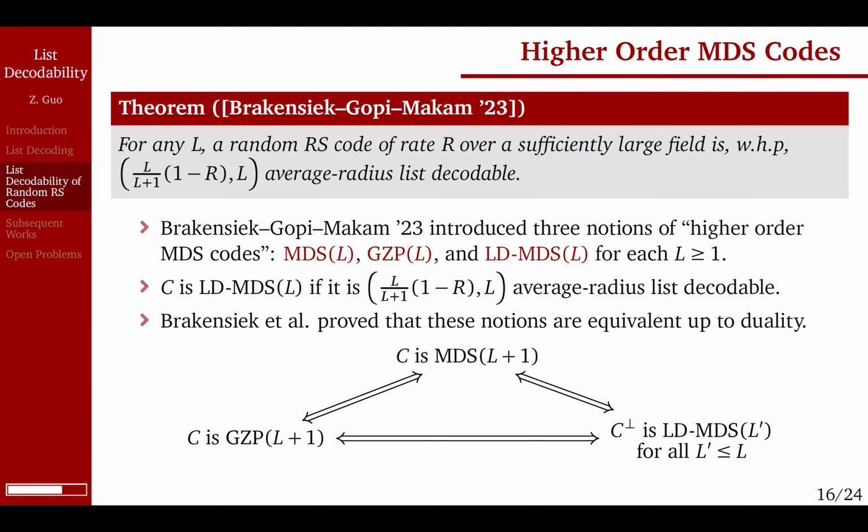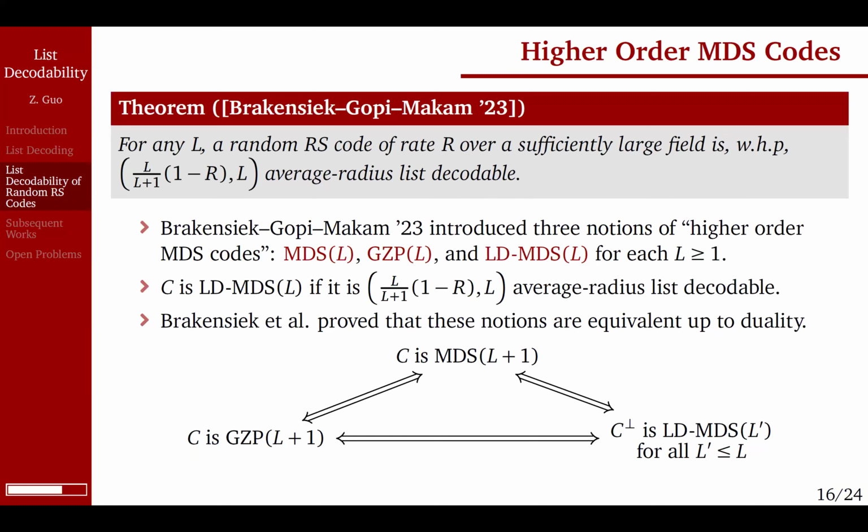More precisely, the code is MPS plus one if and only if it is GCP plus one, if and only if the field code of C is LD, and yes, L prime for all L prime smaller than this inequality, which is really nice.